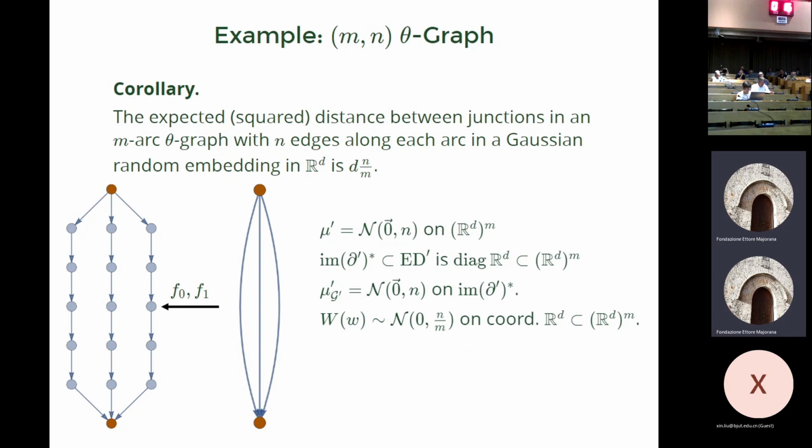It's just a standard Gaussian. The allowable edge displacements form some subspace, so the distribution there is still simple. Looking at the distance between these two vertices is like projecting onto a coordinate direction, which changes the variance from N to N over M. On each coordinate I get N over M, there are D of them, so the total is D times N over M.